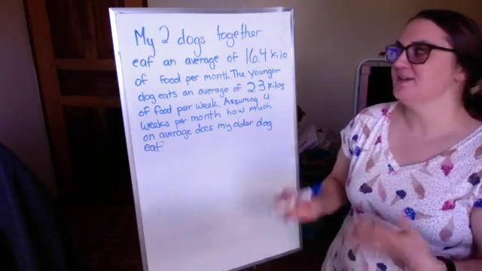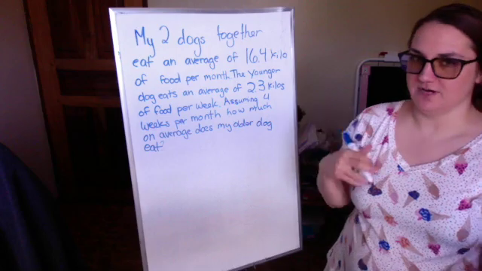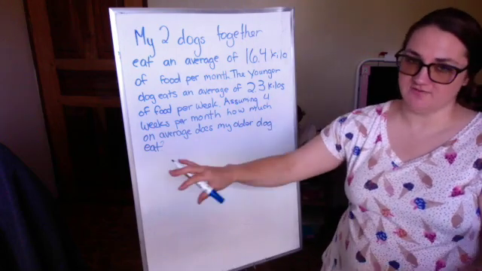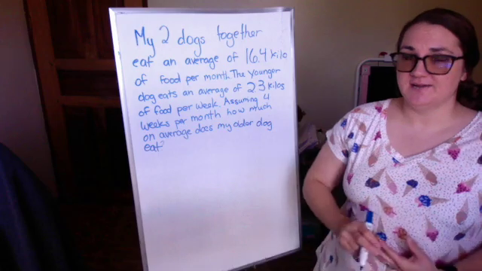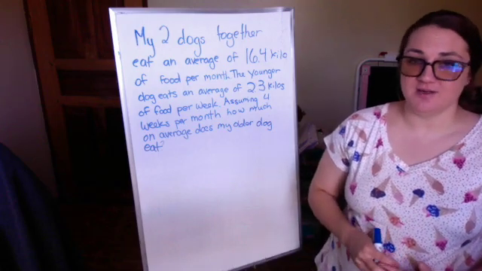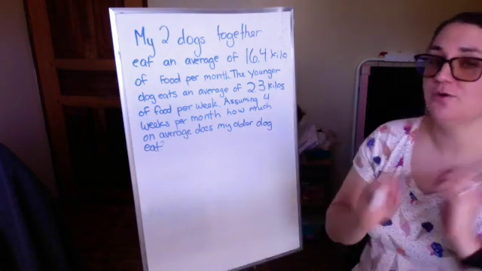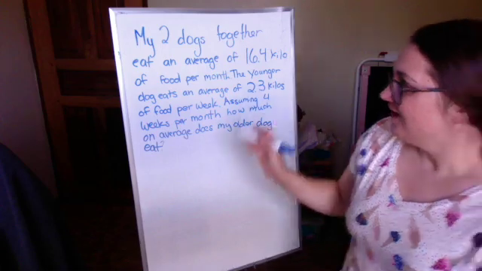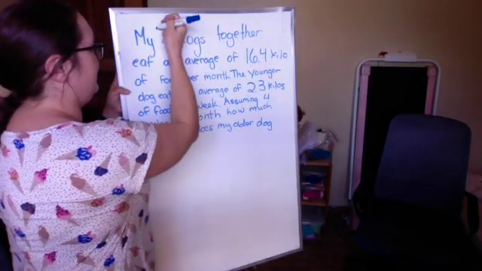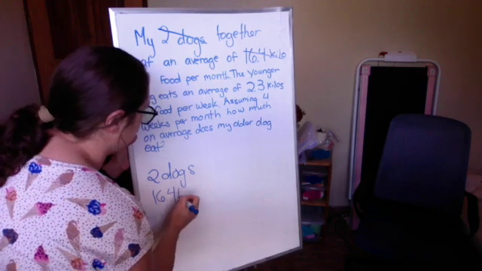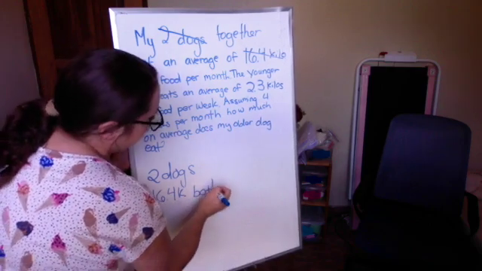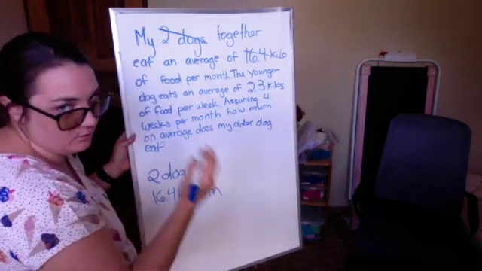My second step is I like to pull out all of the numbers, because this text, especially if I have dysgraphia or dyslexia, is too much. And again, cannot emphasize enough with dysgraphia, centimeter paper is a jam. It is so game changing. So I am going to pull out: I have two dogs, 16.4 kilos for both. Very important that we put units, what these numbers mean.